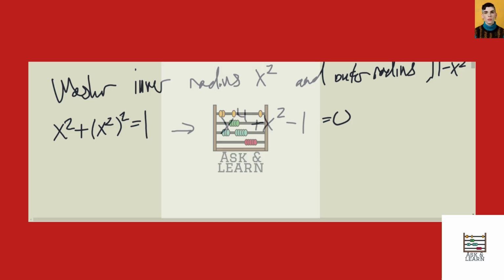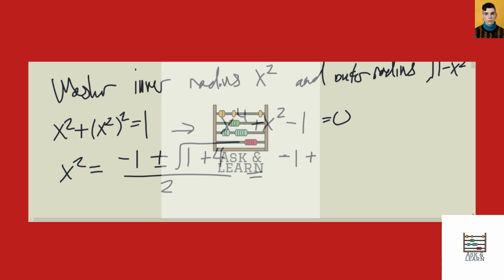In solving, we get that x squared is equal to negative 1 plus or minus the square root of 1 plus 4, all over 2. This is negative 1 plus or minus root 5 over 2.